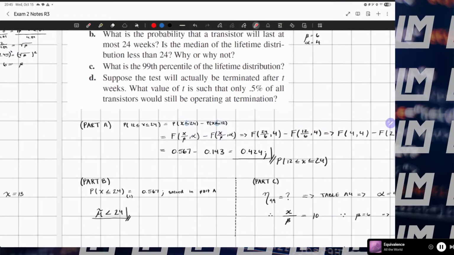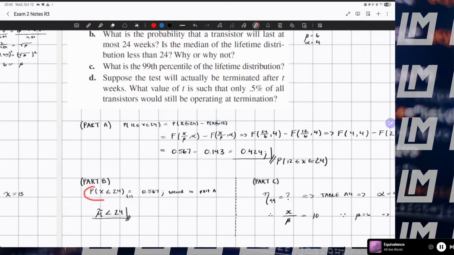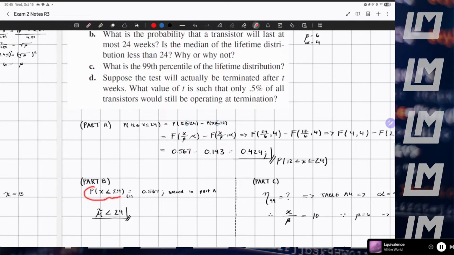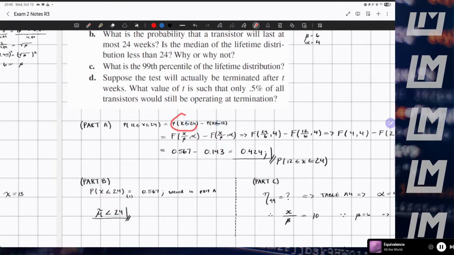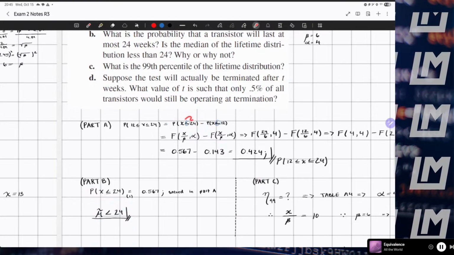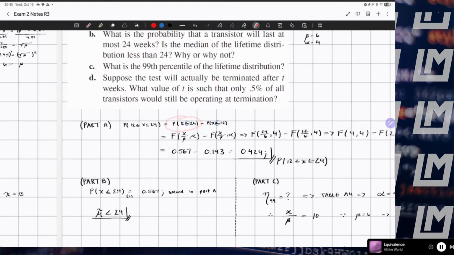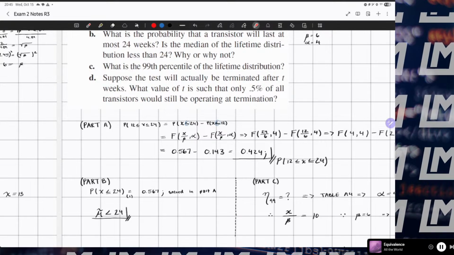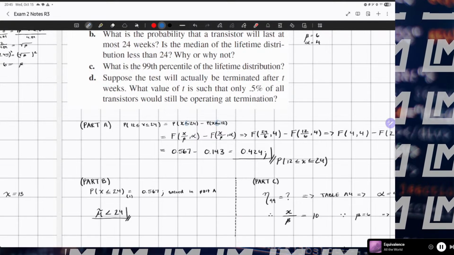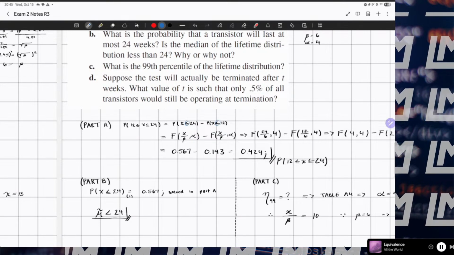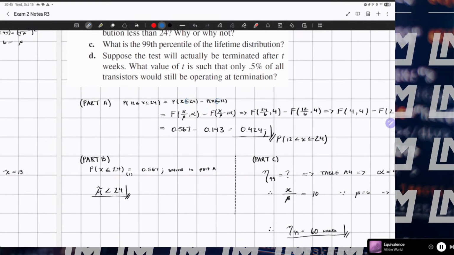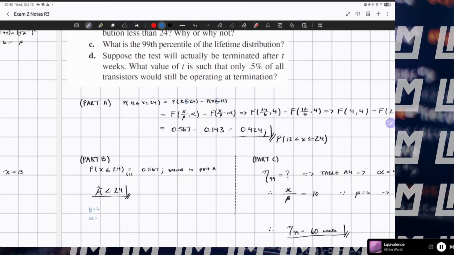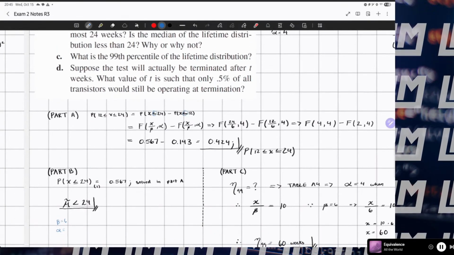So when we're trying to find the probability of x less than or equal to 24, well, we're just in luck because it's right here. Whatever we solved for the probability of x less than 24, since we know alpha and we know beta. I'll just show the step, even though it's right here. We know that beta is 6, and we know that alpha is 4.